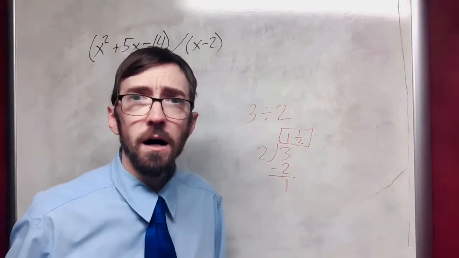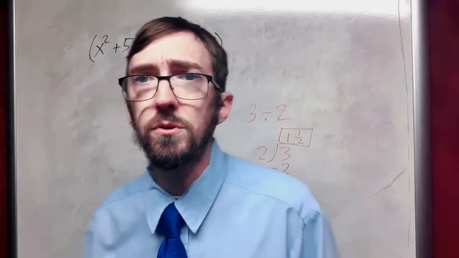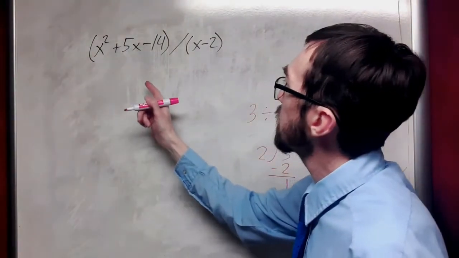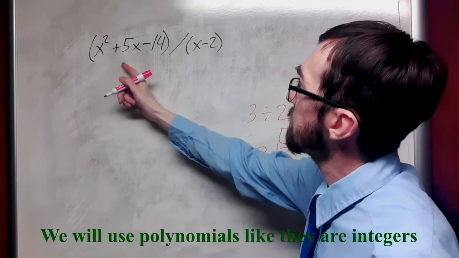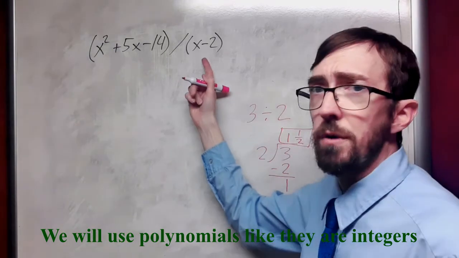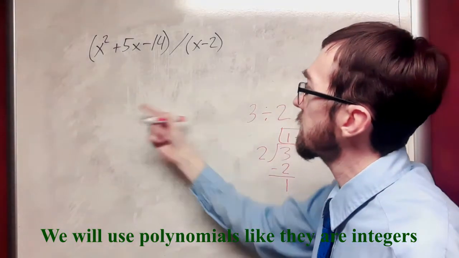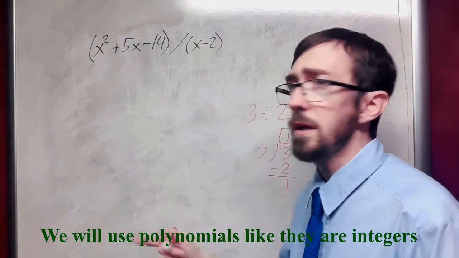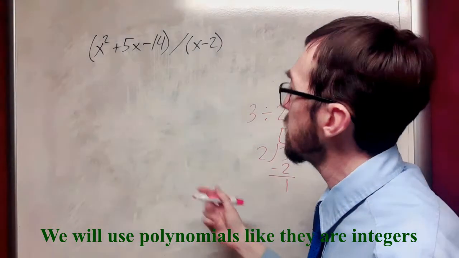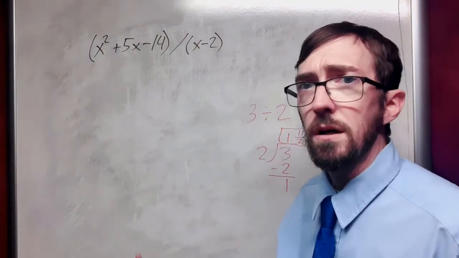Keeping this in mind, we are going to move into polynomials and look at taking a polynomial and dividing by another polynomial, and we find that the result, the quotient, is another polynomial, so this is closed under division.